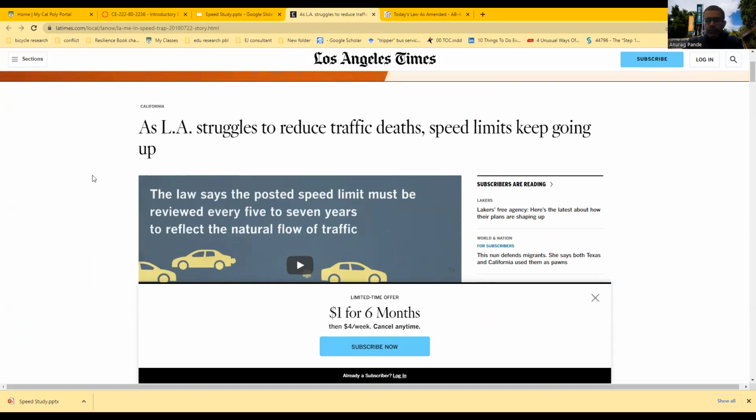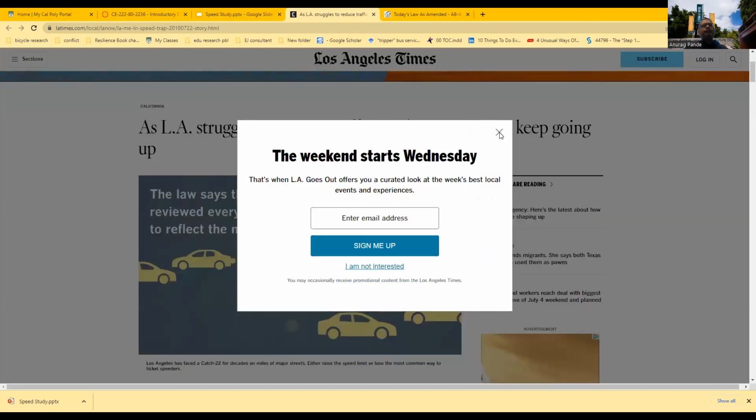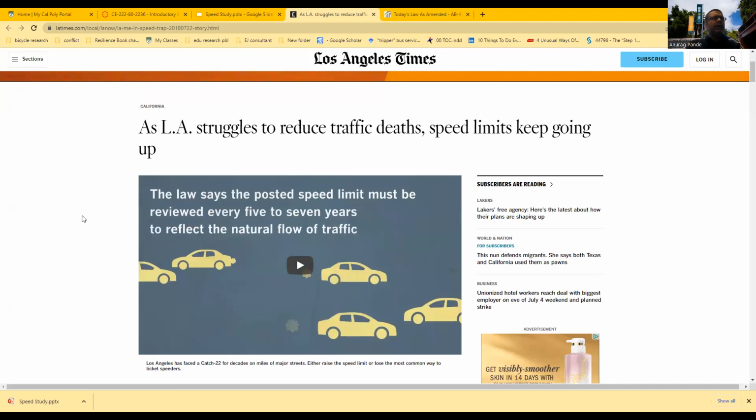And for the longest time, the law in California and in multiple states has been that you cannot have speed traps on the road.